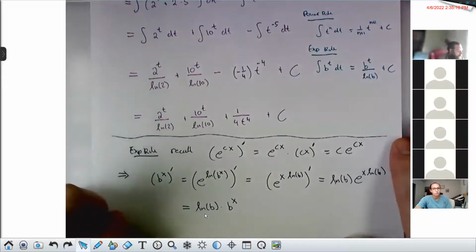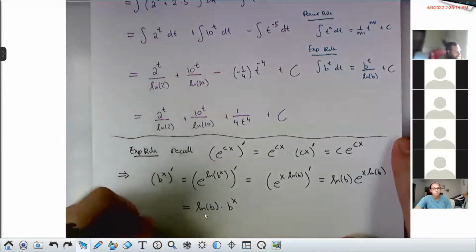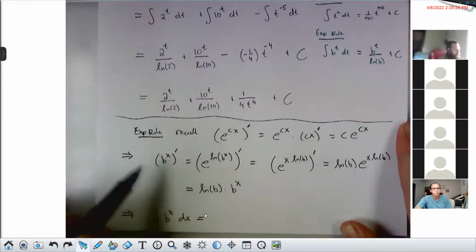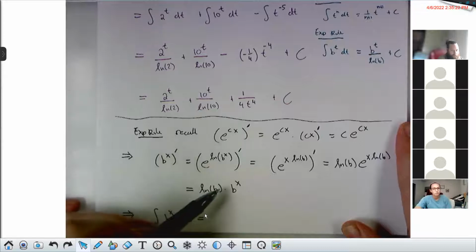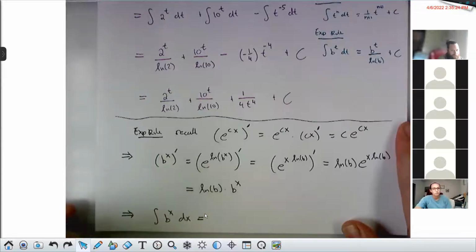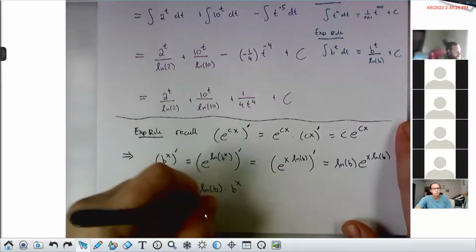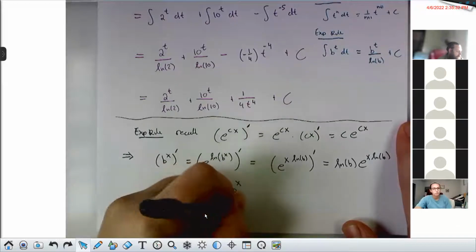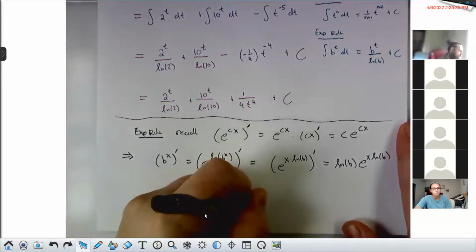So now if you integrate on both sides, you'll get that the integral of b to the x dx, well, if the derivative of b to the x is b to the x times the natural log of b, then the integral of b to the x must be 1 over the natural log of b times b to the x plus c.